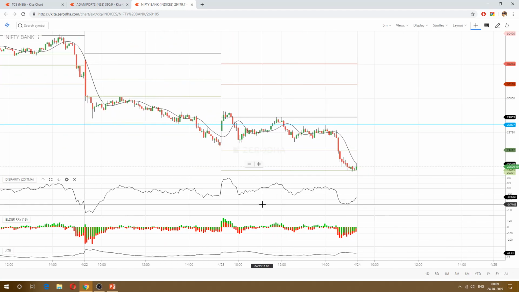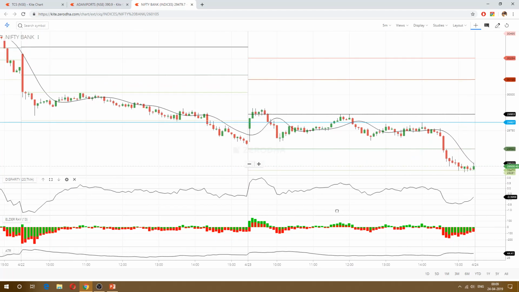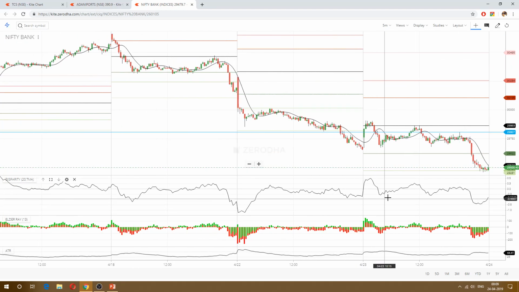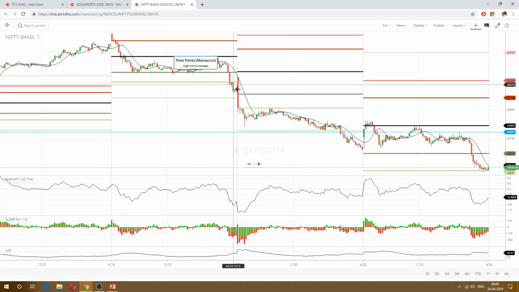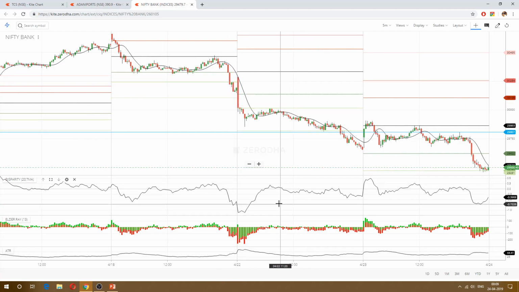So, you are on Bank Nifty. What we are trying to see is the recent trend, like in the last 2-3 days how Bank Nifty is trading. Last 2-3 days Bank Nifty is getting rejected at this area, and after this fall, this was the maximum.